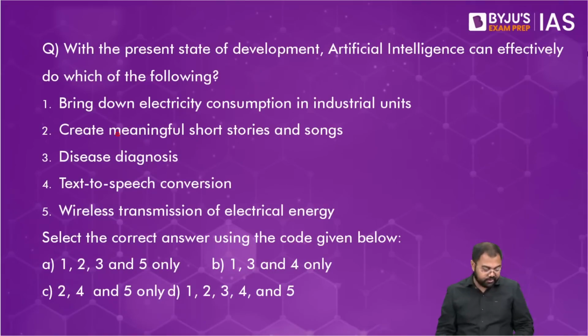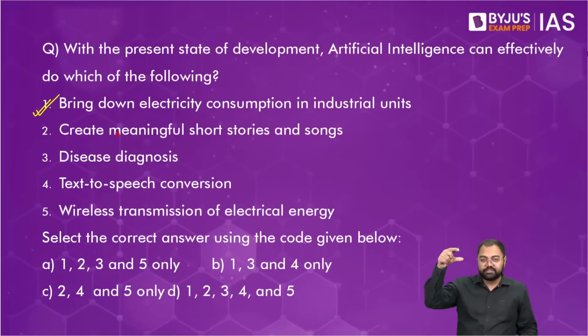Read this question. This was asked in your 2020 paper. So the answer is yes, it can be done. How exactly? Because we would know which unit in the manufacturing or industrial setup is using how much power, at what time, on what day it uses a higher amount of power, and when it uses a lower amount. So there is data available for all these things, right?